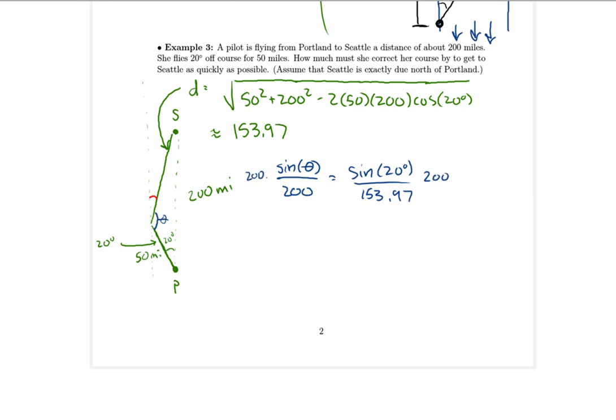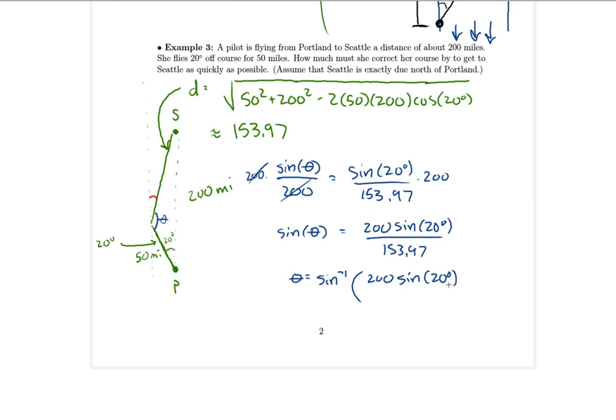Solving for the sine of theta by itself, the sine of theta is equal to 200 sine 20 divided by 153.97. And then theta would be the sine inverse of all that.